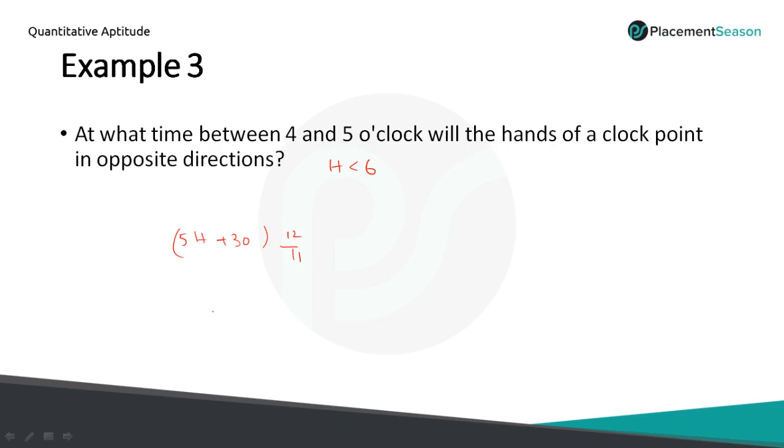If you substitute, you will get 20 plus 30, into 12 by 11, which is equal to 600 by 11, and the value will be equal to 54 6 by 11. It means the hands of the clock will be in opposite direction after 54 minutes 6 by 11 seconds past 4 o'clock.